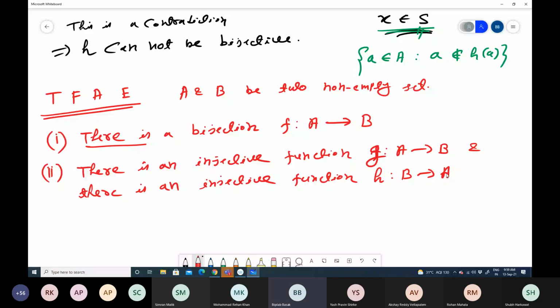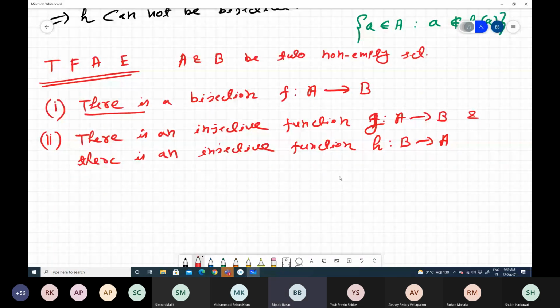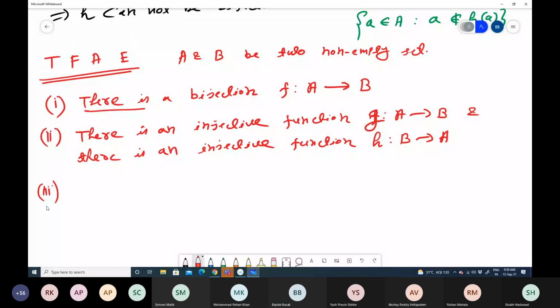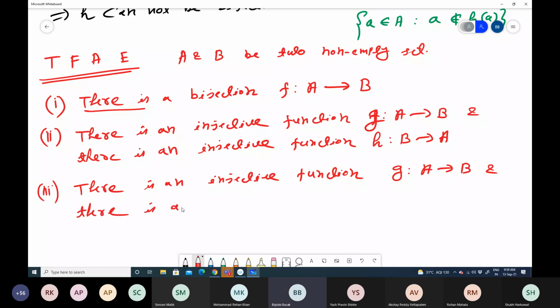You can also prove this one: there is an injective function G from A to B, and there is a surjective function from A to B. So these three are equivalent.